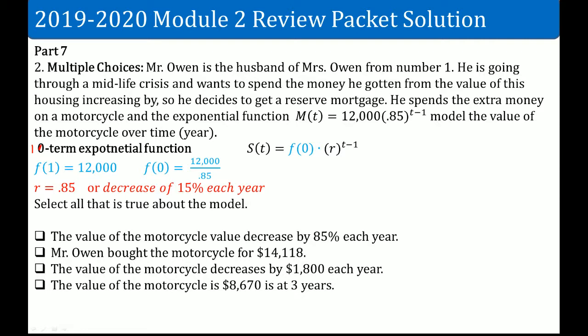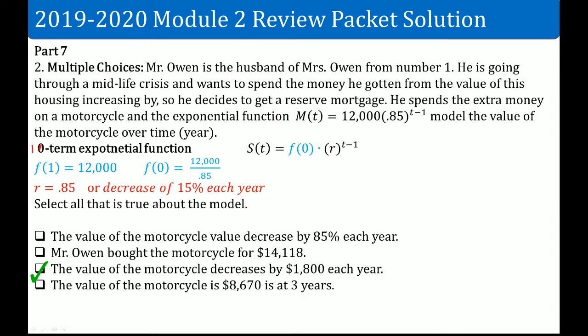So is the value of the motorcycle decreasing by 85% each year? No. Okay, so Mr. Owens bought the motorcycle for 14,118. That is correct. Is the value of the motorcycle decreasing by 1,800?